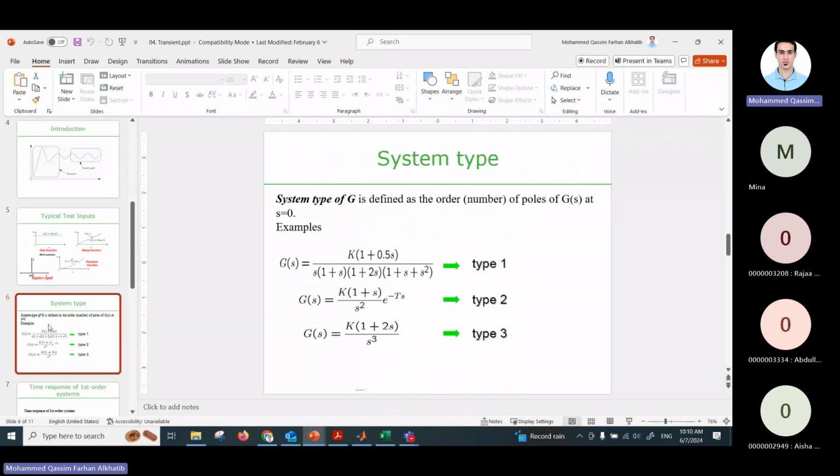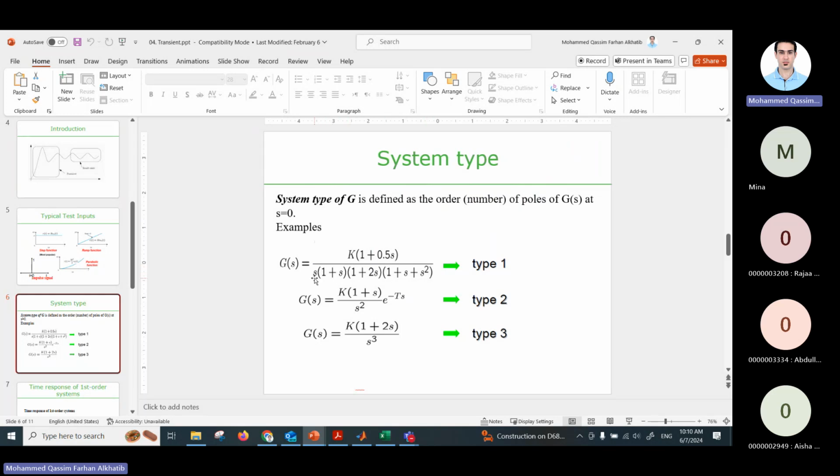Okay, so the type of system is determined by the number of poles located at 0, at the origin. So the system type is defined as the order or number of poles of the polynomial at the denominator at s equals 0. So here's an example. You just look at the poles here.